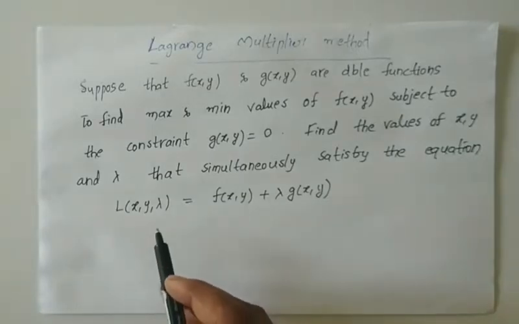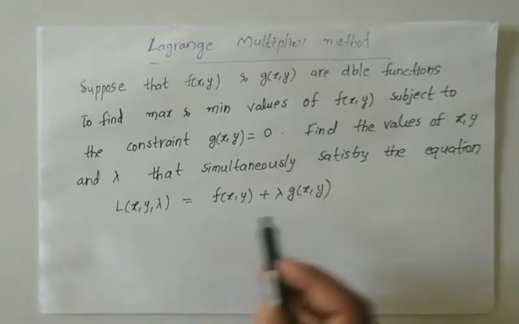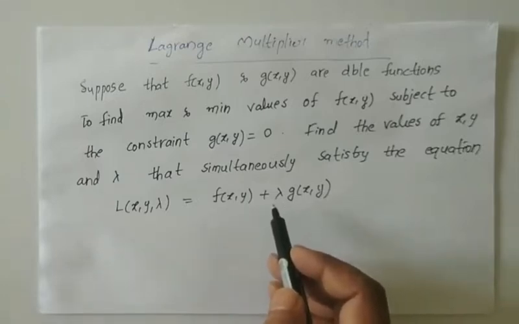Here L of x, y, lambda is called the Lagrangian or Lagrangian equation, and lambda is called the Lagrange multiplier.